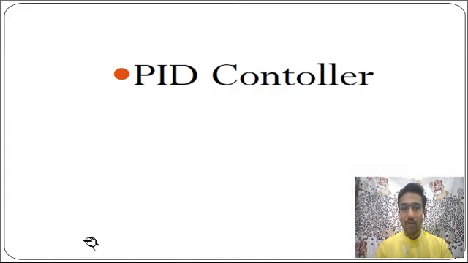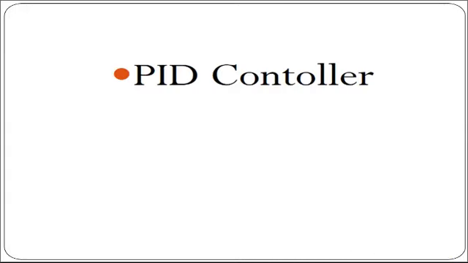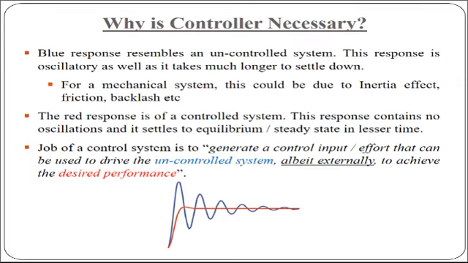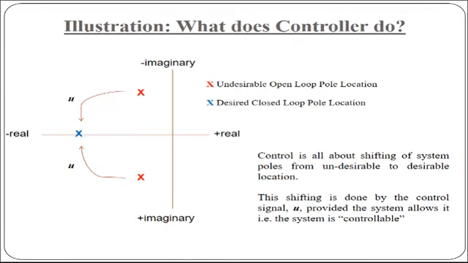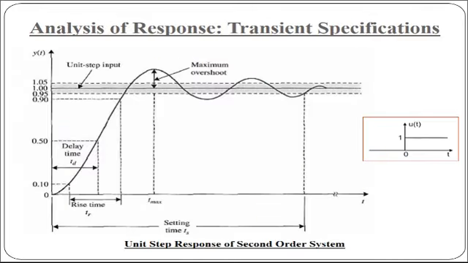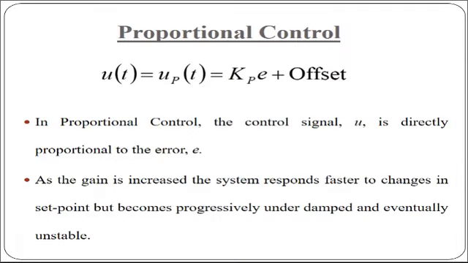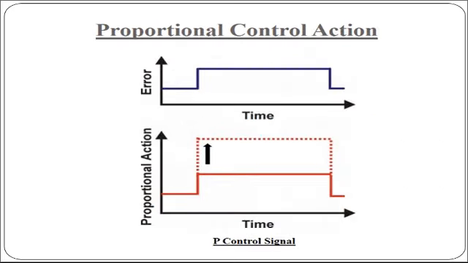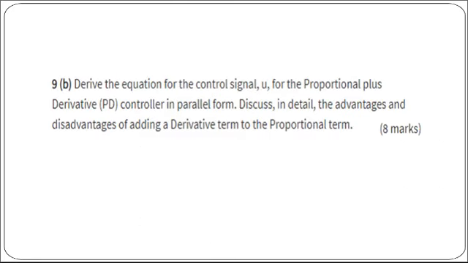So what is the PID controller? Yes, we already discussed that the PID controller is the proportional, integral and derivative controller. We have discussed why we cannot use the integral controller alone, and why we cannot use the derivative controller alone.